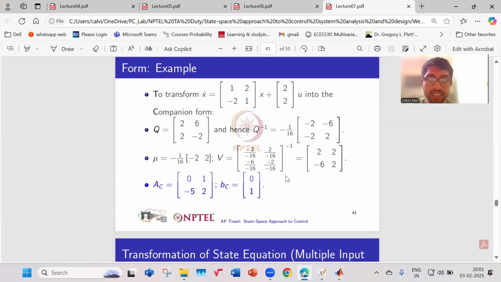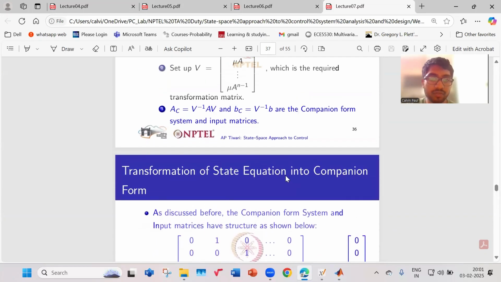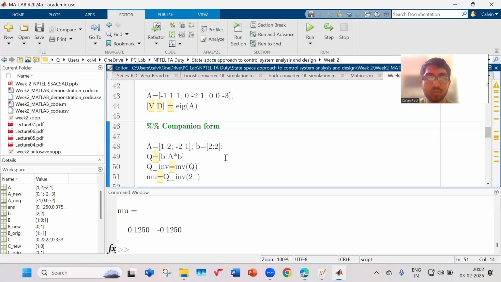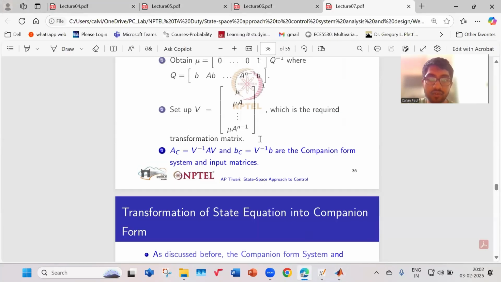Now, AC. AC is given by what? In the steps, V is equal to mu and mu into A. So what is V? We got V, right? And then what do we have to do?